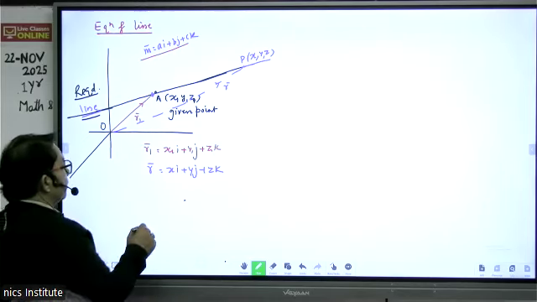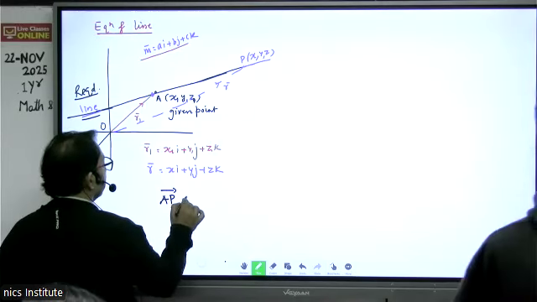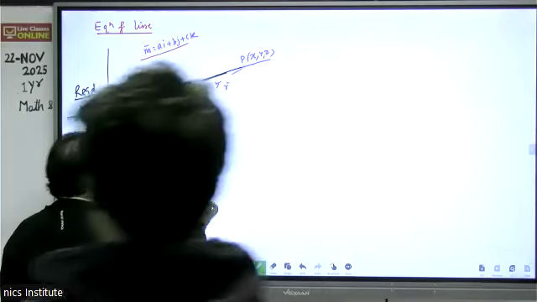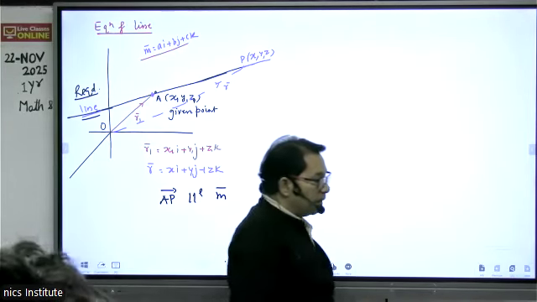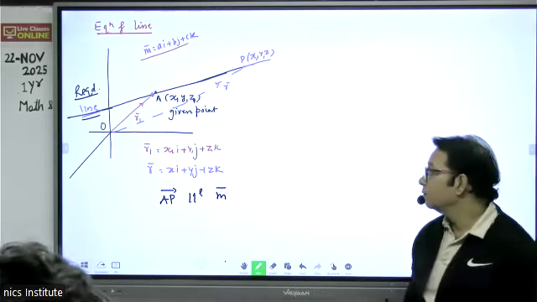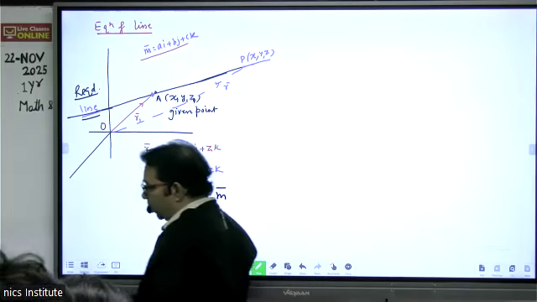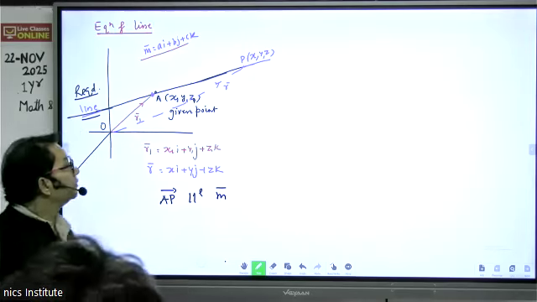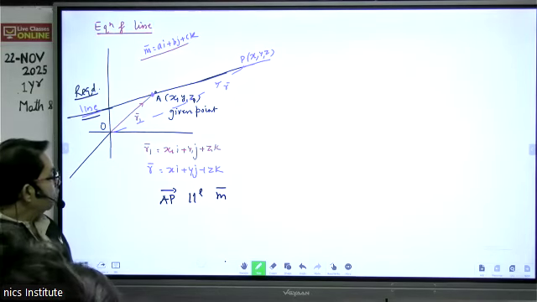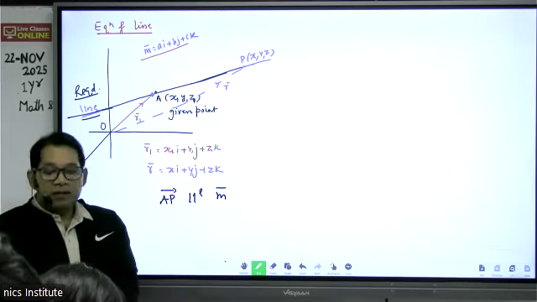So you can find vector AP. This vector AP is parallel to m, because vector AP lies on the line which is parallel to m. So whenever two vectors are parallel, what is the relation?